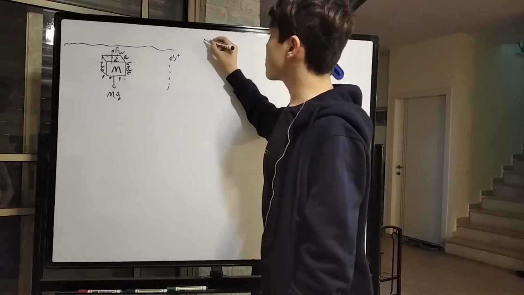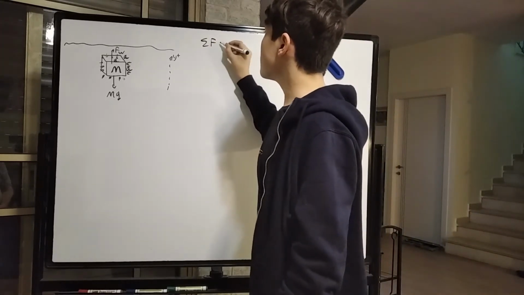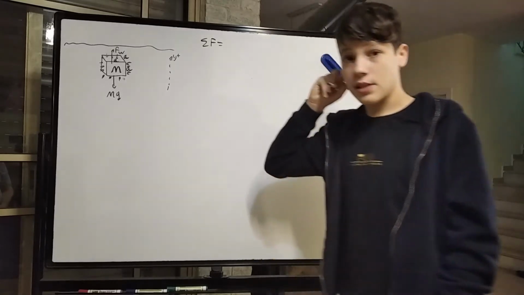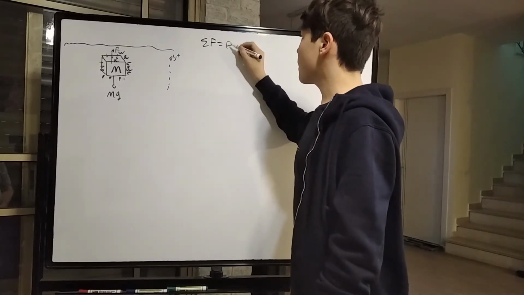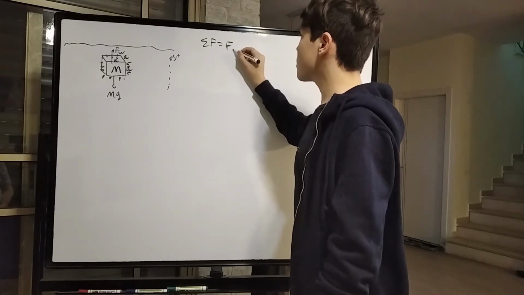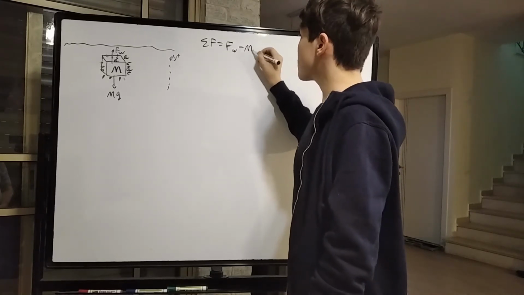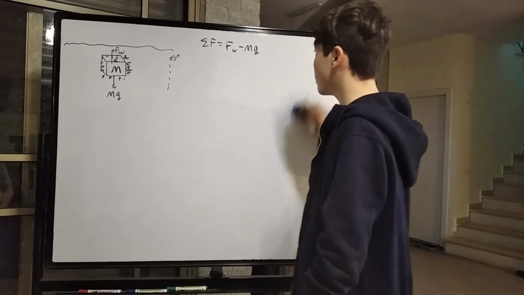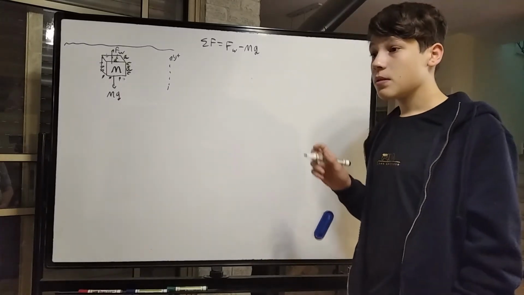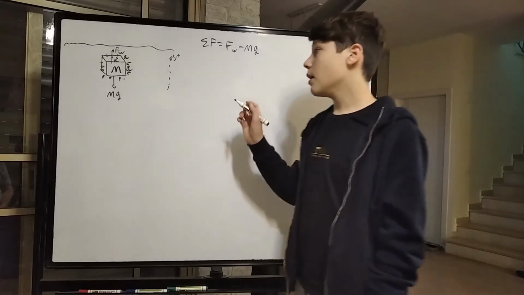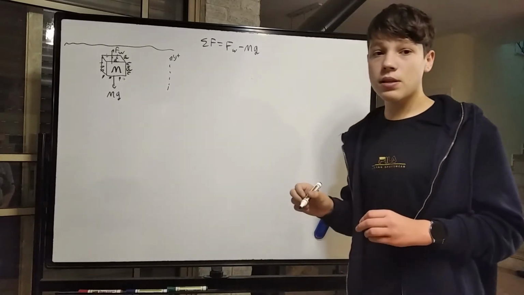So the sum of the forces, we don't know if it's 0 or not, but we know it's Fw minus mg. Now we know what Fw is, because again, the water will apply the same force.